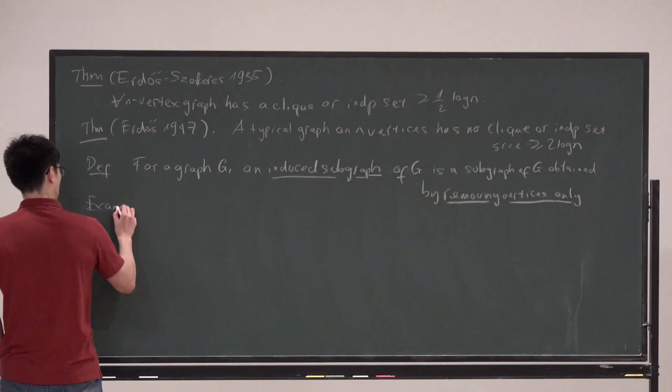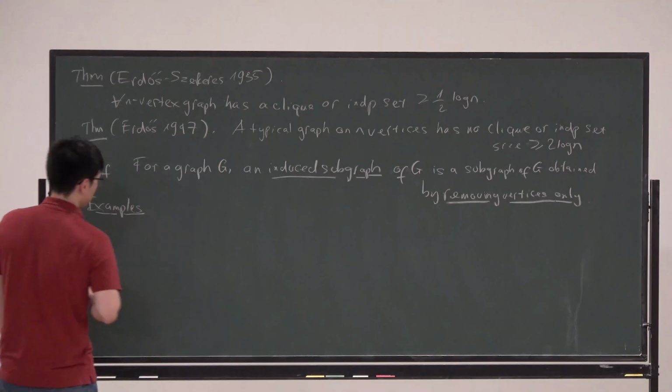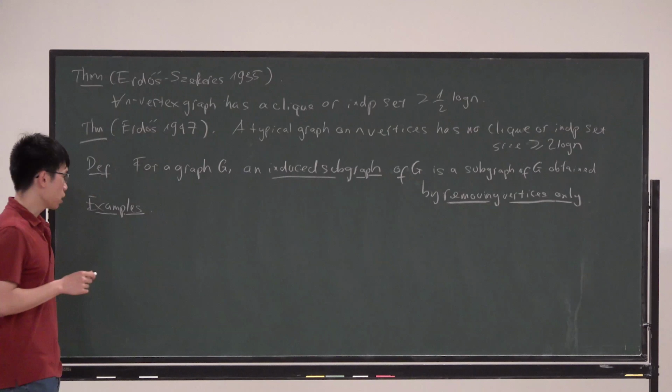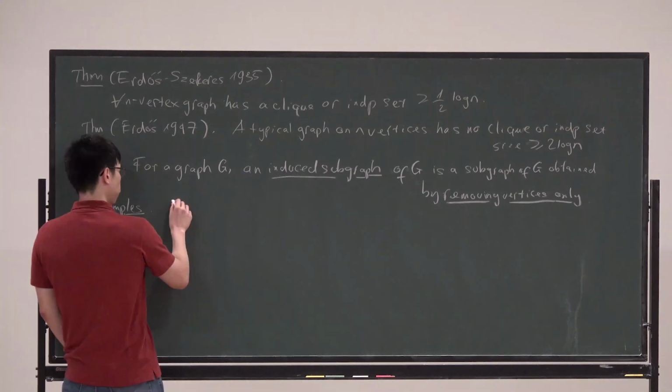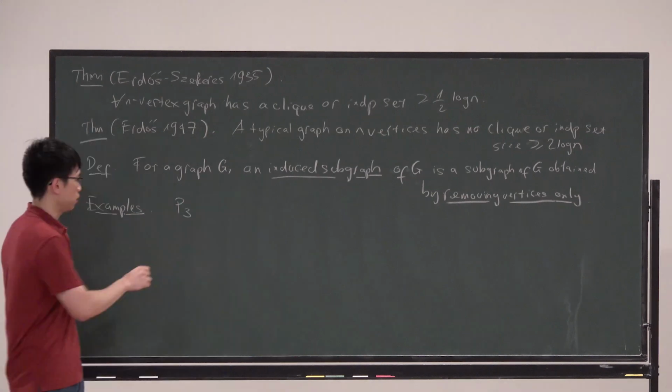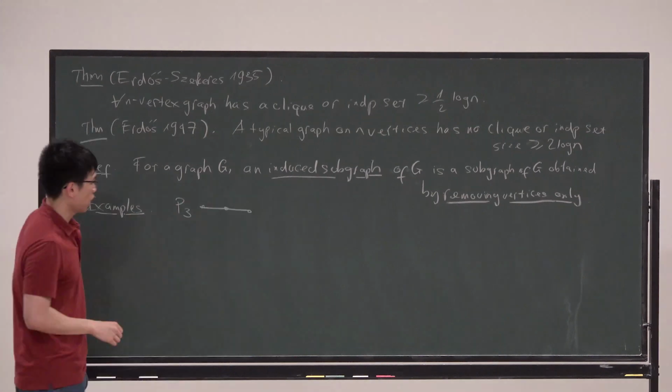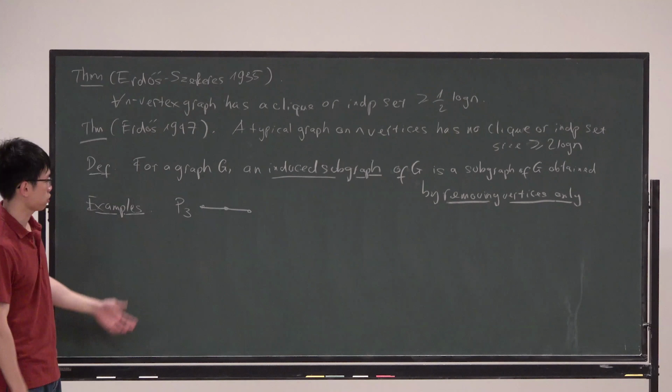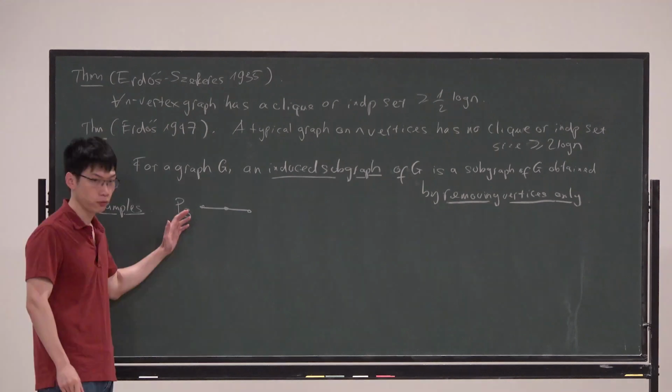These are some easy examples to warm up. First, I would like to talk about the 3-vertex path P3. What is the structure of graphs with no 3-vertex induced path?